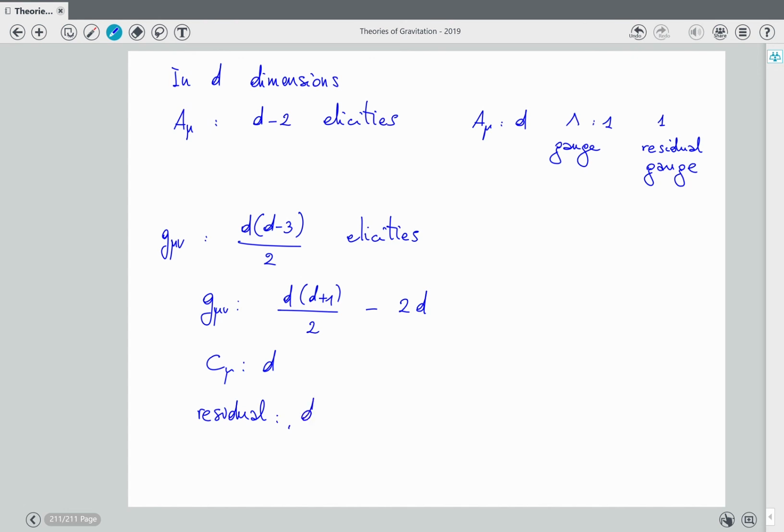So d conditions from the gauge fixing, 4 in 4 dimensions, and d from the residual gauge. Let's see what happens here. 2d squared plus d minus 4d. Which is true for d larger than or equal to 3.